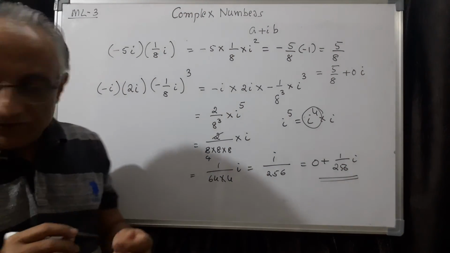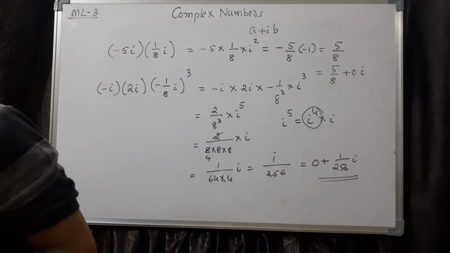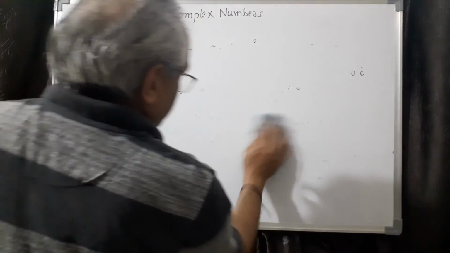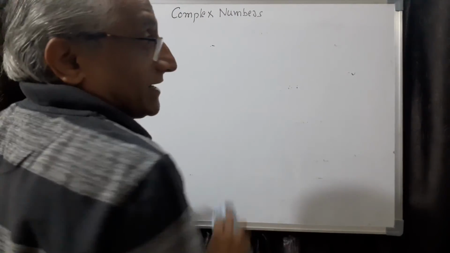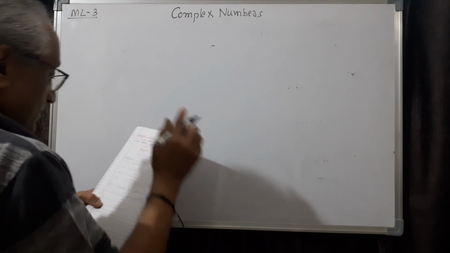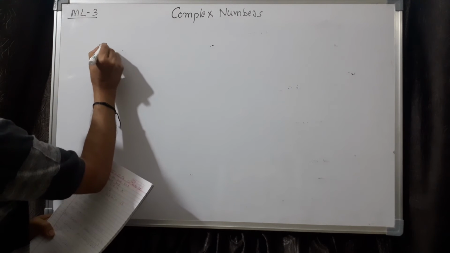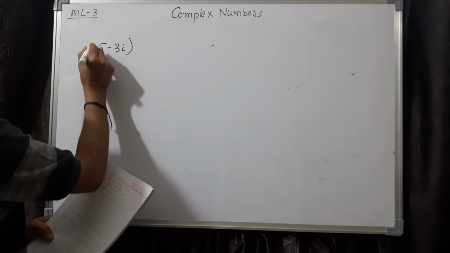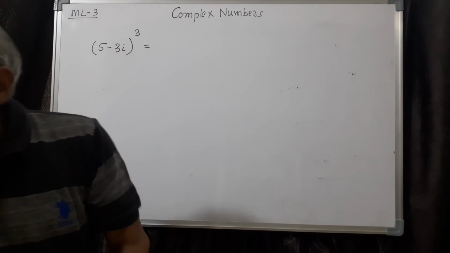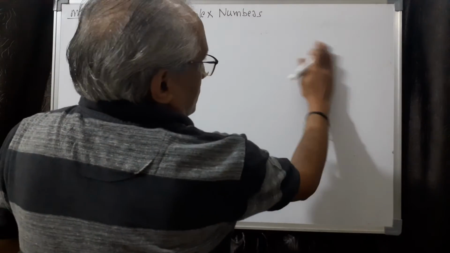Similarly, you can also find a few more examples given. So let me take one using an identity. For example, the question is (5 - 3i) whole cube. For this one, you have to remember this formula.